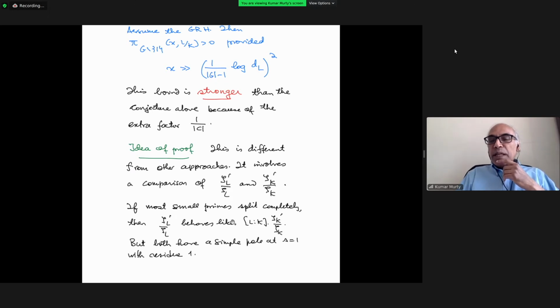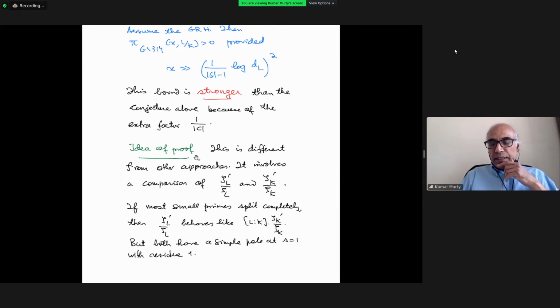Now, small primes dominate the behavior of this thing, especially near s equals 1. And so if you let this pattern continue for too long, you're going to skew the residue at s equals 1. But both of these have a simple pole at s equals 1 with residue 1. So you make what I just said in words precise, and you'll get this bound.